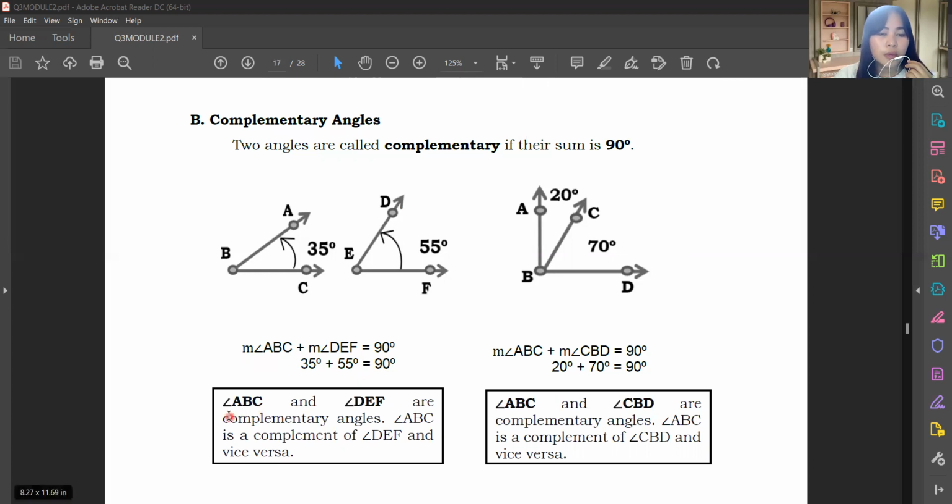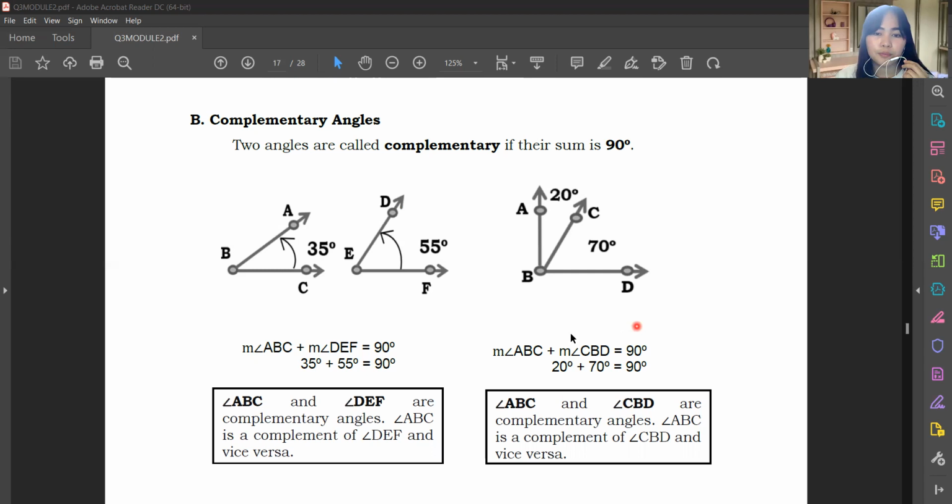Therefore, angle ABC and angle DEF are complementary angles. Why? Because the total of the two angles is 90 degrees. So, angle ABC is a complement of angle DEF and vice versa. Again, with two angles, we total them, and if their sum is 90 degrees, these angles are complementary angles.